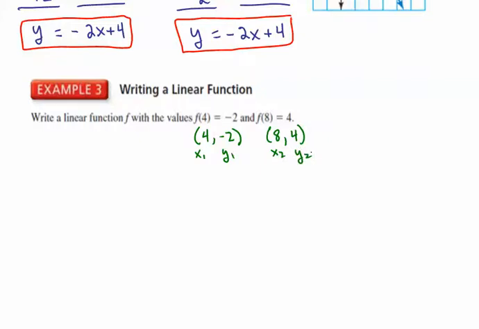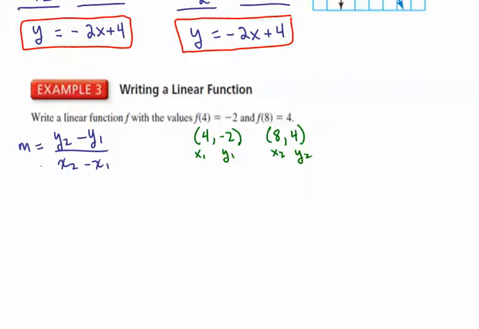Now what's different about this example from the previous ones is that I don't have a slope. So the first thing that I'm going to need to do is to calculate the slope. Slope, remember, is m equals y2 minus y1 over x2 minus x1.